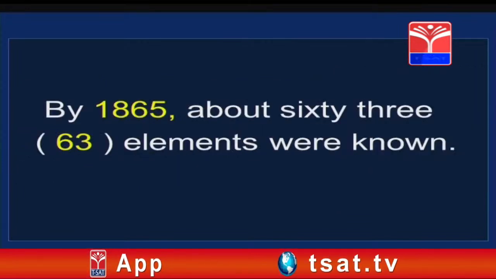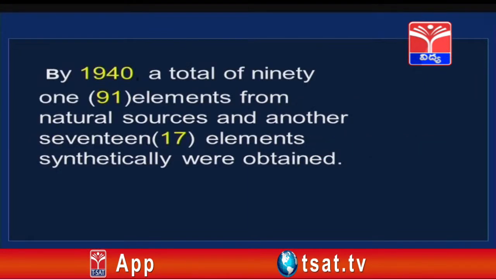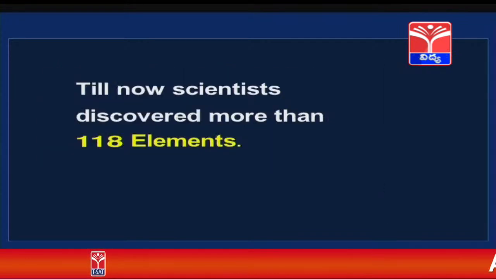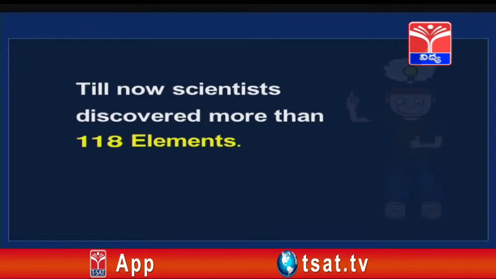Now, by 1865 about 63 elements were known. By 1940 a total of 91 elements from natural sources and another 17 elements synthetically were obtained. Till now scientists have discovered more than 118 elements.